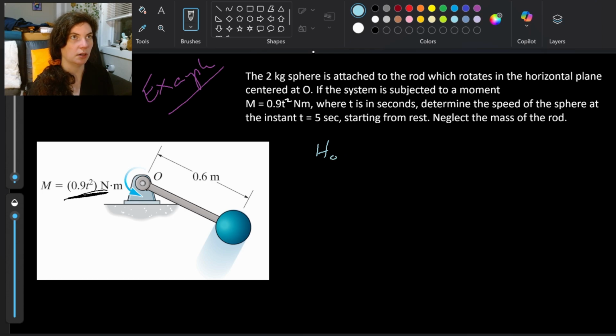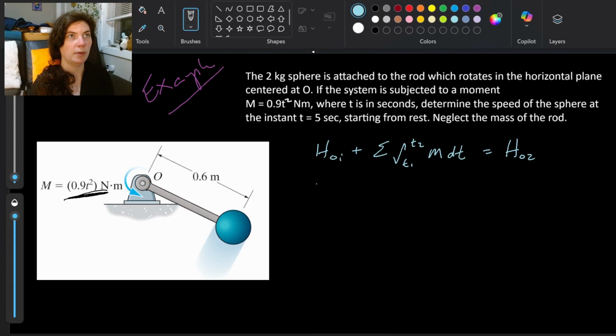Write out our initial angular momentum plus the summation of any applied moments from t1 to t2 M dt equals our final angular momentum.